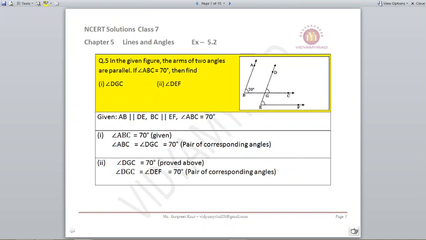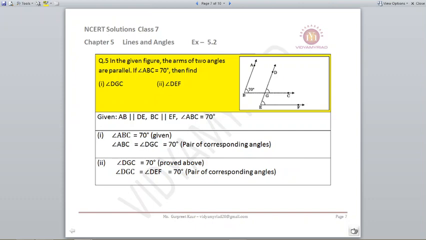Question number 5. Here you are given the arms of two angles parallel, and if ABC is 70, what are the other angles? Given is AB is parallel to DE and BC is parallel to EF, and angle ABC is given as 70 degrees.